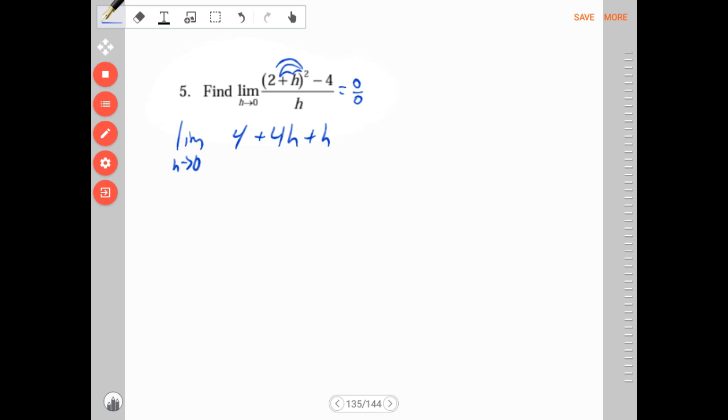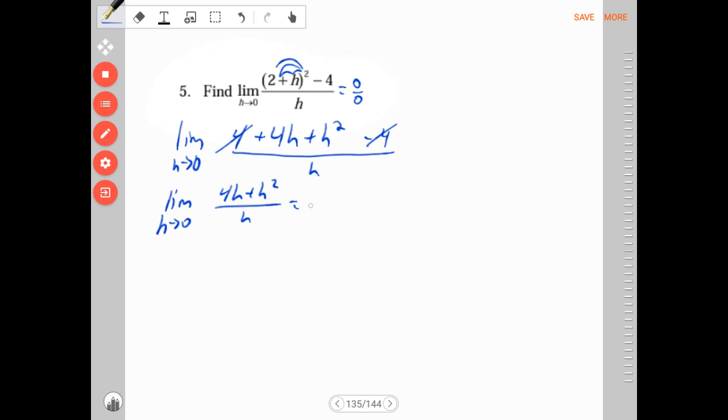Okay, 4 plus 4h plus h squared minus 4, all divided by h. So the 4 and the minus 4 cancel. So this is the limit as h approaches 0 of 4h plus h squared over h.